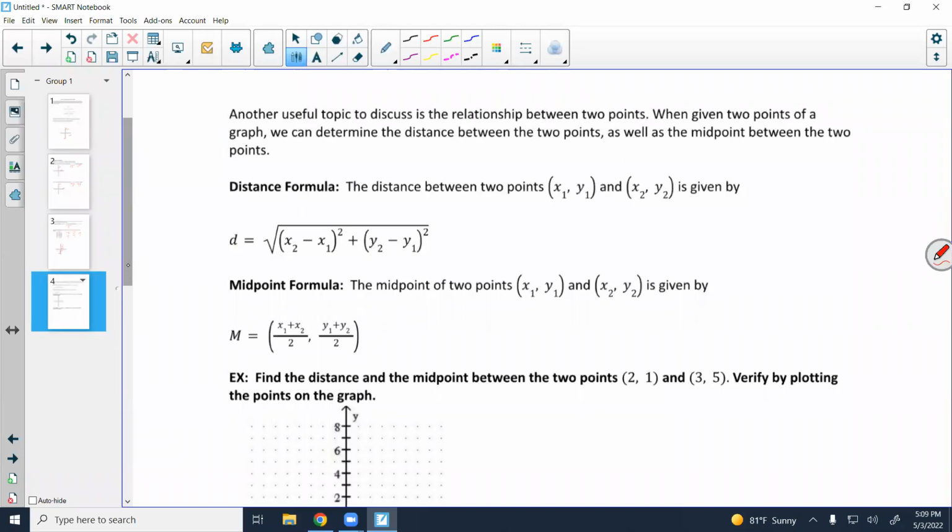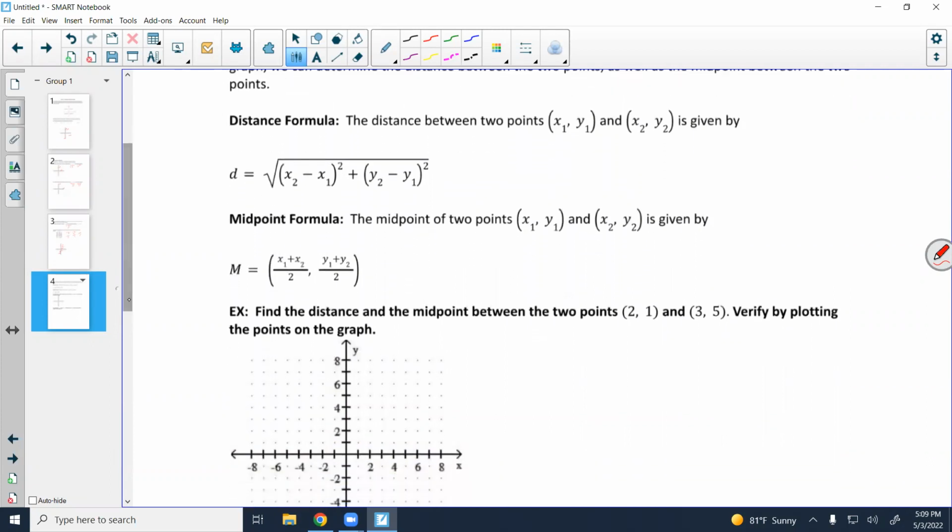The distance between 2 points (x1, y1) and (x2, y2) is given by d equals the square root of (x2 minus x1) squared plus (y2 minus y1) squared. The midpoint for 2 points, likewise, is ((x1 plus x2) over 2, (y1 plus y2) over 2).